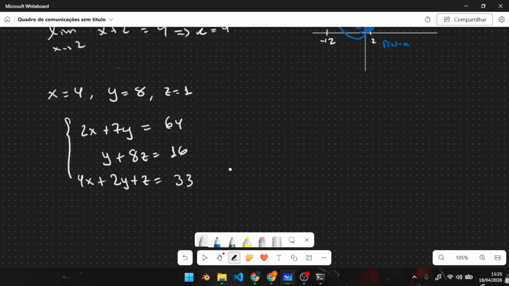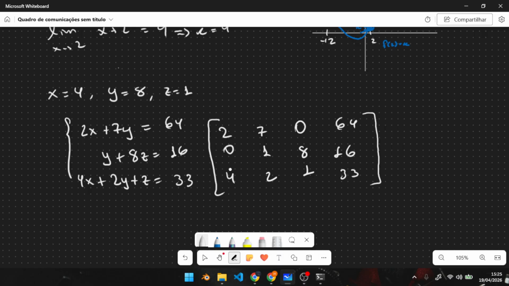Now we can actually put this into a matrix, which is 2 7 0, 0 1 8, 4 2 1, and then 64, 16, 33. There you have a linear system.